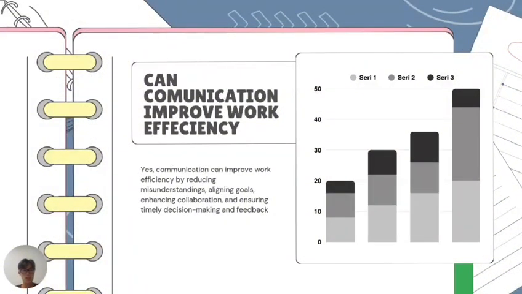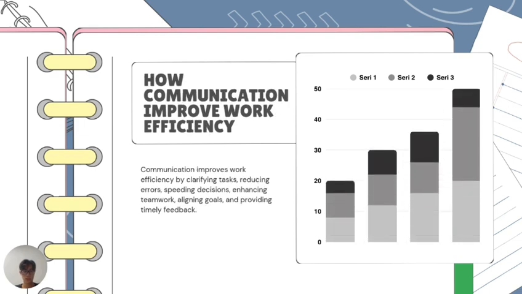Can communication improve work efficiency? Yes, communication can improve work efficiency by reducing misunderstanding, aligning goals, enhancing collaboration, and ensuring timely decision making and feedback. How does communication improve work efficiency?